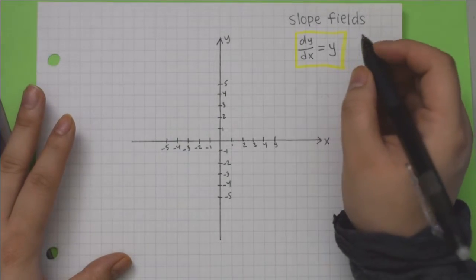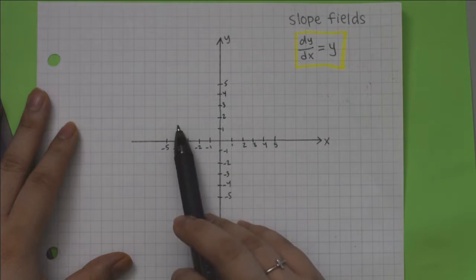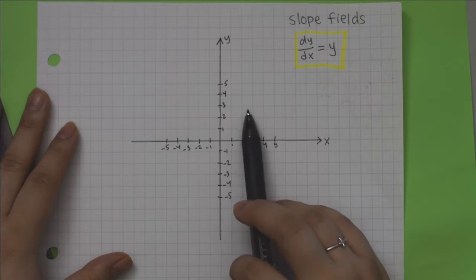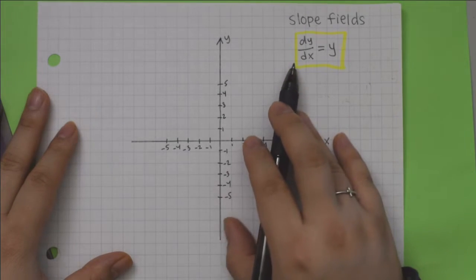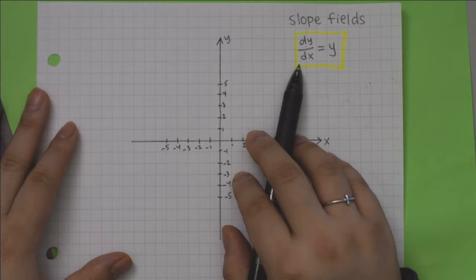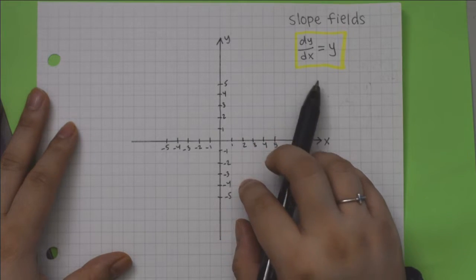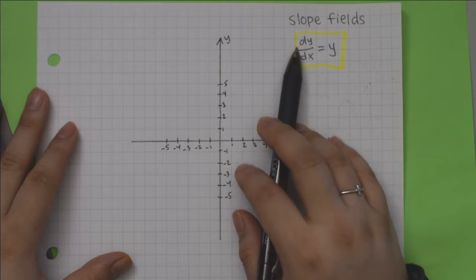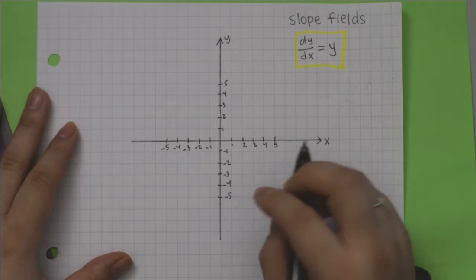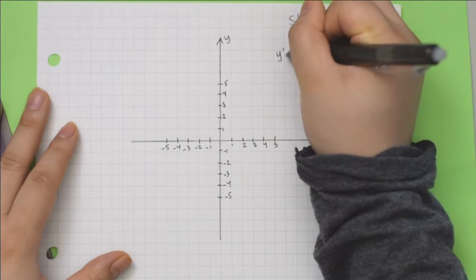So, slope fields. What we are expecting is a bunch of little lines here, okay? And it's going to apply for situations where we have first order differential equations, meaning that we have this dy dx, which is sometimes written as y prime.